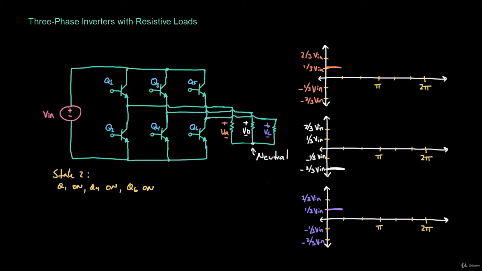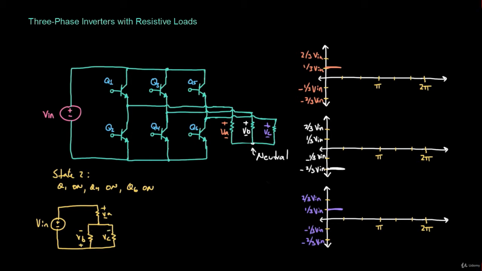Again, we have to draw the equivalent circuit based on the transistors that we're switching on. So we're going to have Vn, and then we said that Q1 is on, but now Q4 and Q6 are on. So then the equivalent circuit will look like this, where this would be VA, and these two at the bottom would be VB and VC, with the negative terminals on the neutral one.